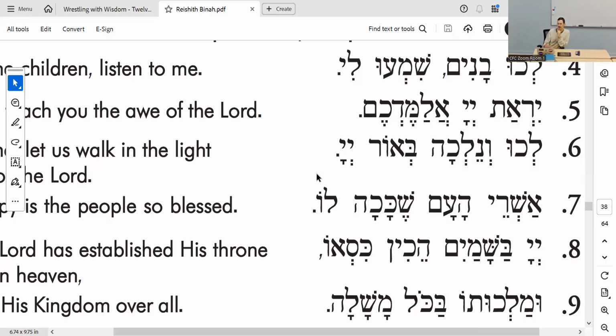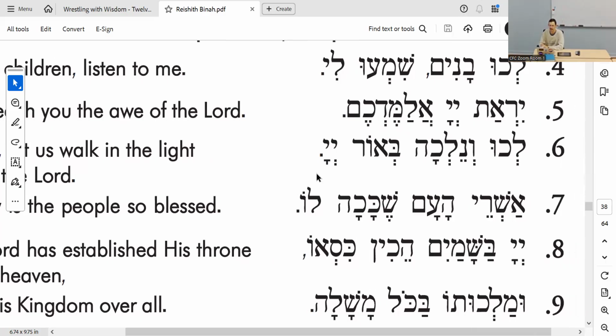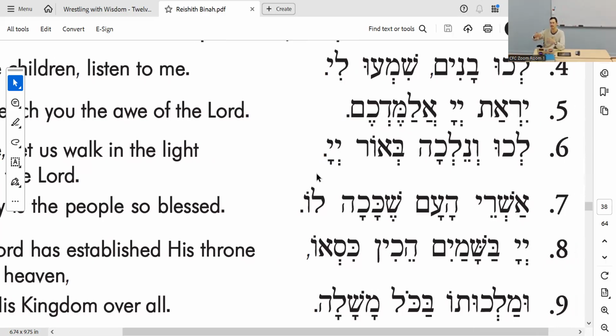Lo is like "happy is the people that this is his lot," kind of thing. A very wooden translation. It doesn't really make sense. You really have to supply something there. But kacha is like a given situation kind of thing, and lo is "to."